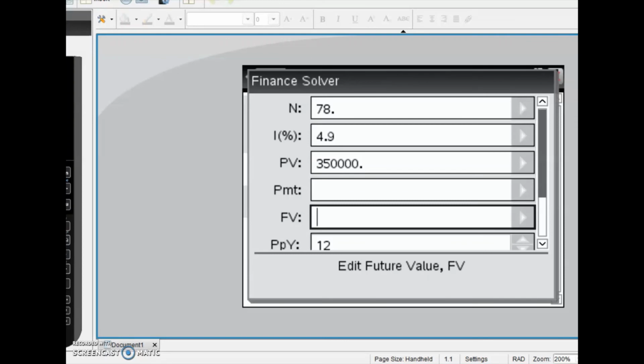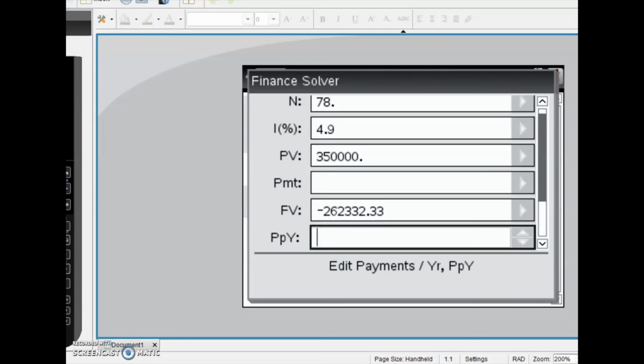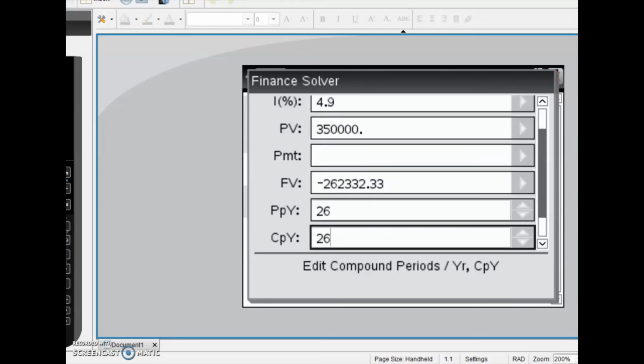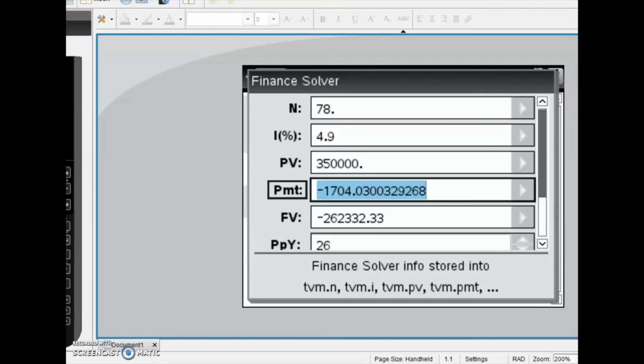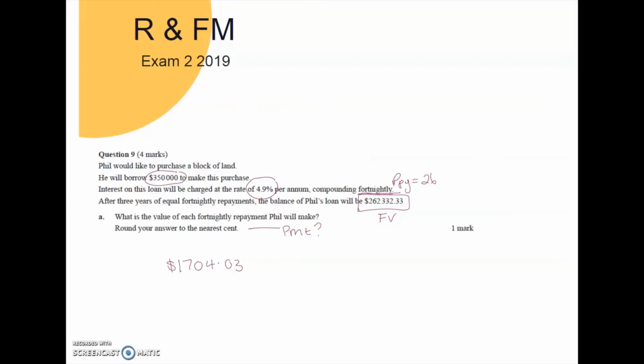And after 3 years, he owes, so negative, $262,332.33. Okay, we do need to adjust our payments, so make them fortnightly, 26 times per year, and then we can come back and solve for our payment. So Phil is paying $1,704.03 per fortnight.